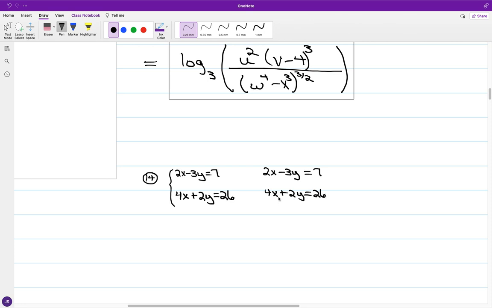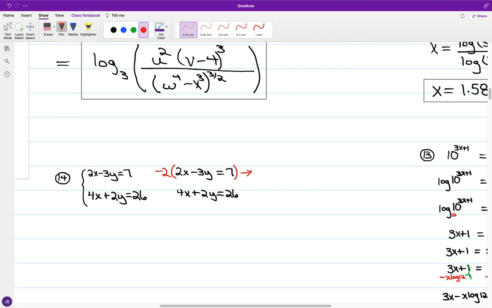We have 2x minus 3y equals 7 and 4x plus 2y equals 26. I can cancel out the x terms. If I cancel out 4x, I need the 2x to become negative 4x, so I can adjust the first equation by multiplying by negative 2.